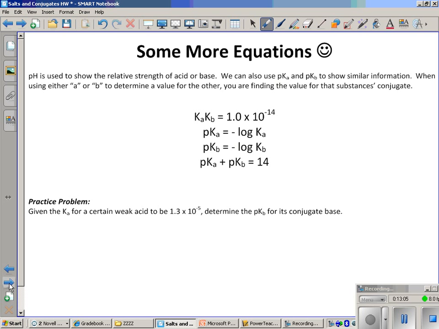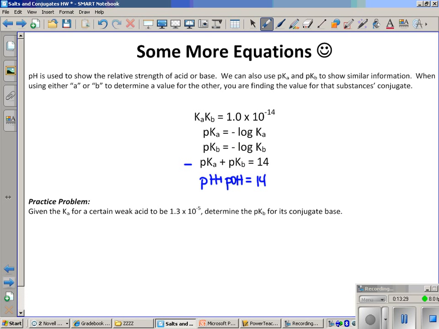You'll notice they're very similar to the ones we did in class today. The ones we did in class today were all about H plus concentration and OH minus concentration. Well, these ones are all about Ka and Kb, but they're very closely related, which should make it easier to memorize them. For example, if you look at this one, you know that pH plus pOH equals 14, and pKa plus pKb equals 14.